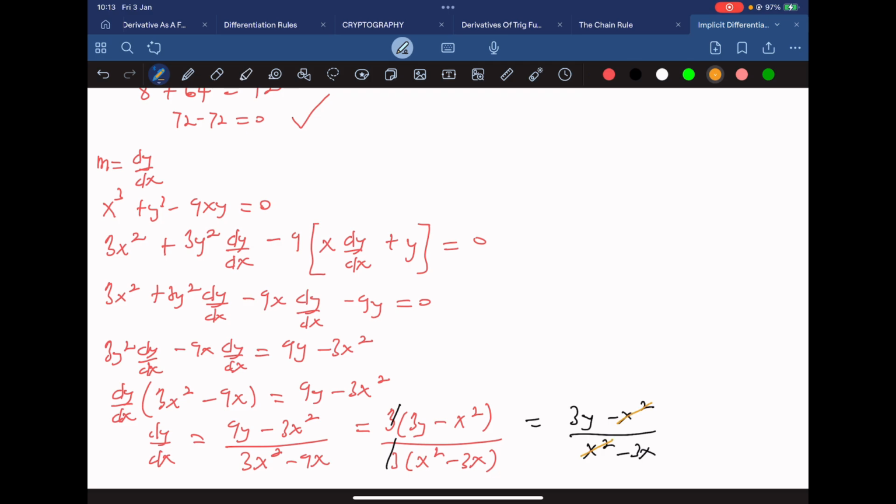It doesn't work that way because of the subtraction in here. So we just have to leave our answer like this, right? So this is your dy dx. Now after knowing this, let me copy this.